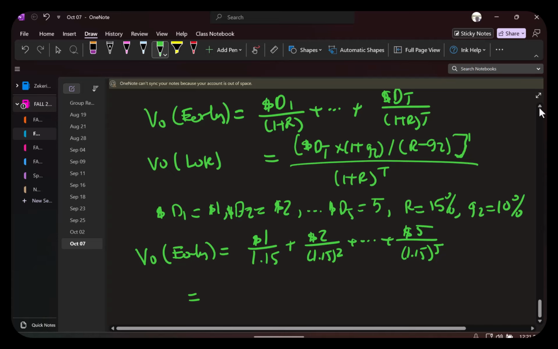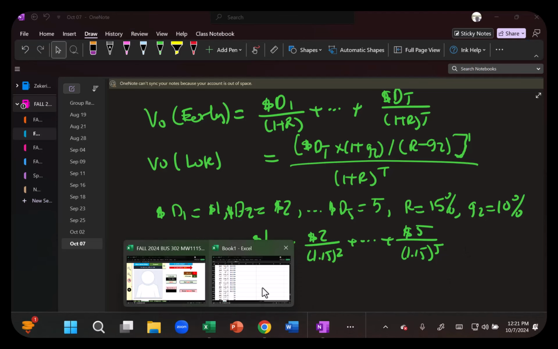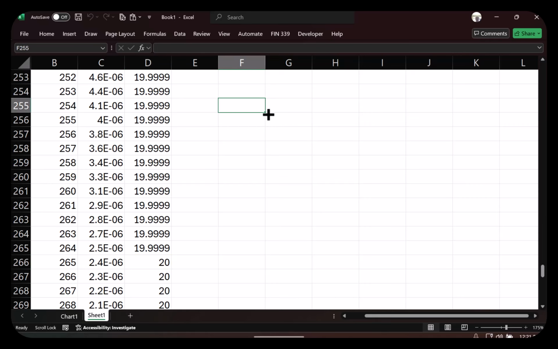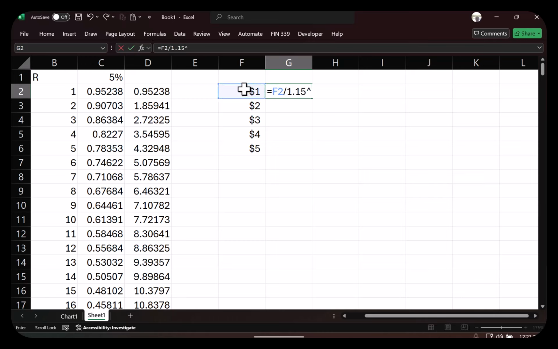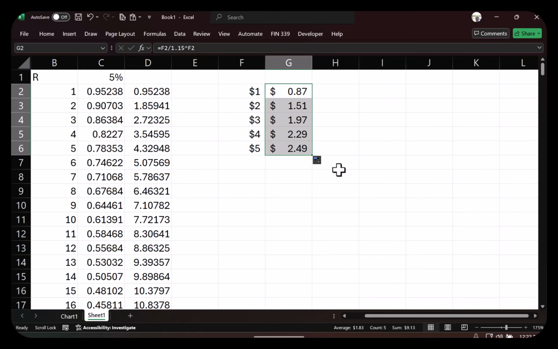I could calculate them separately, but I happen to have a beautiful calculator called Excel. And let's do it here. 87, 151, 197.